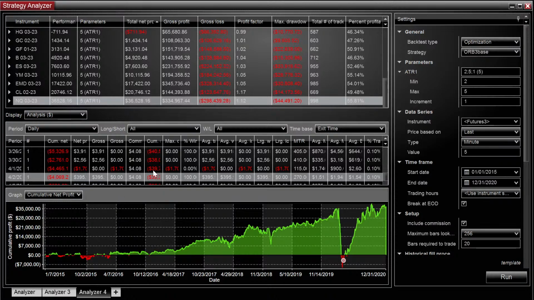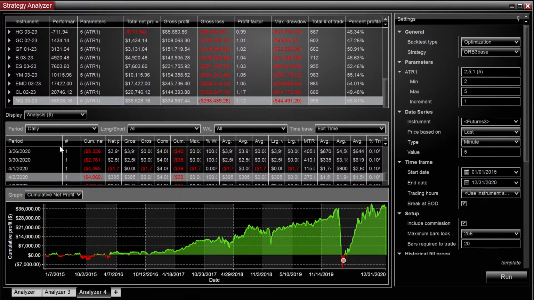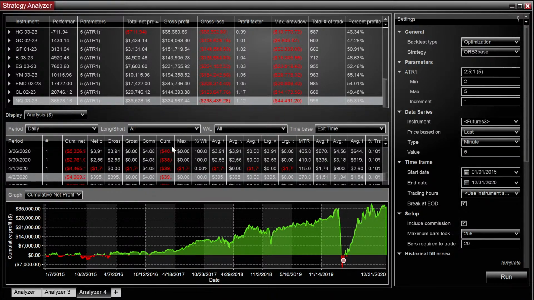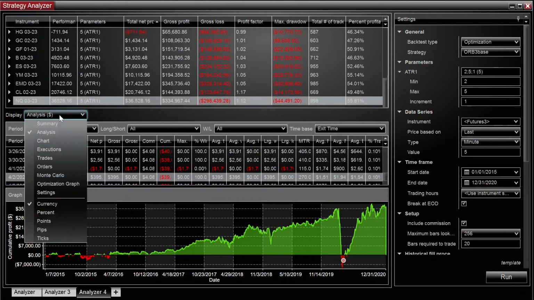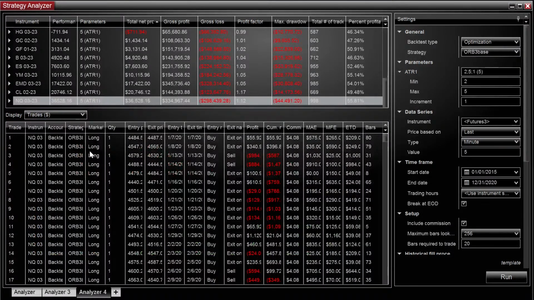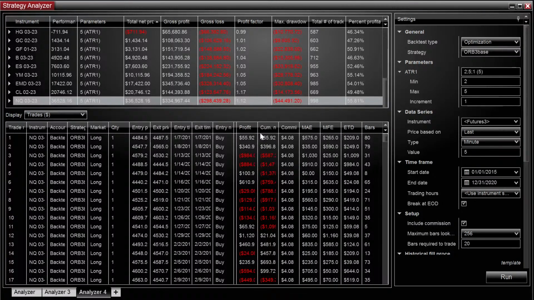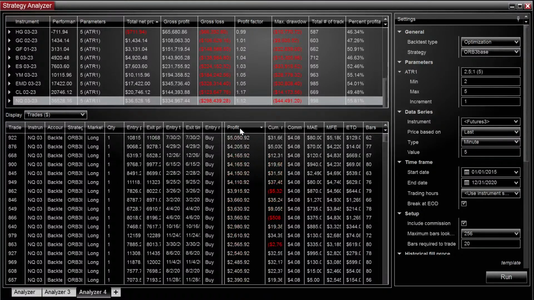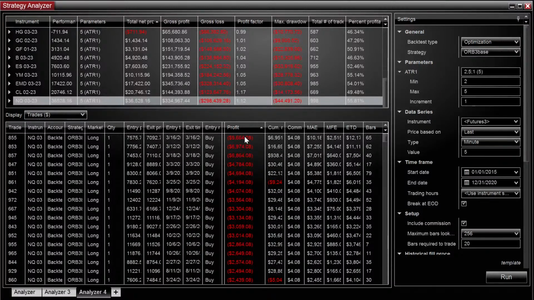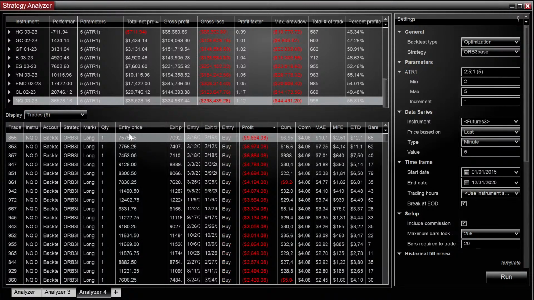I got my analyzer all smushed so it fit on the screen. Okay, let me go to trades. This isn't what we do at this step, looking at outliers, but I'm going to do it right now because I'm so impressed by that outlier. So let's look at our biggest loser and see when it took place.